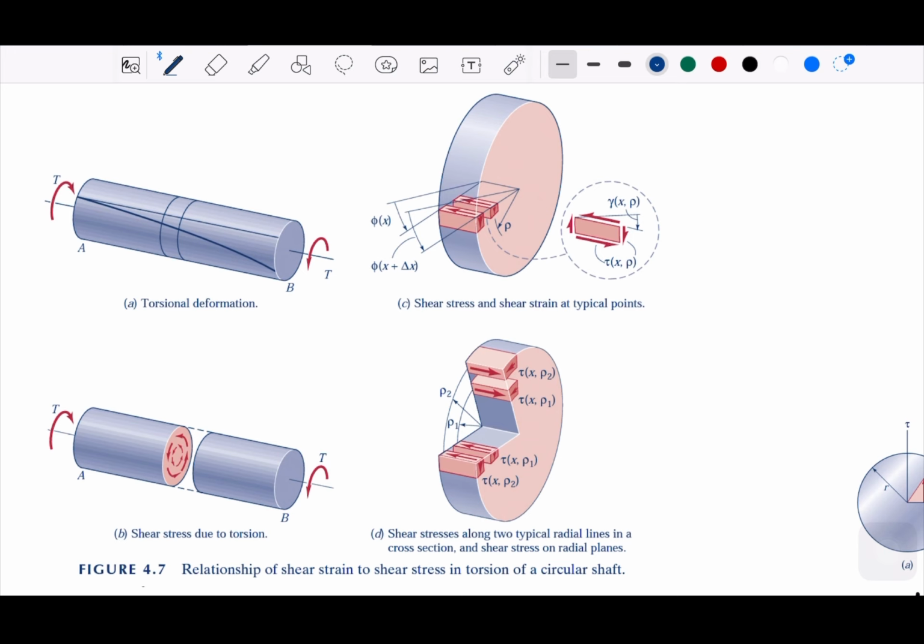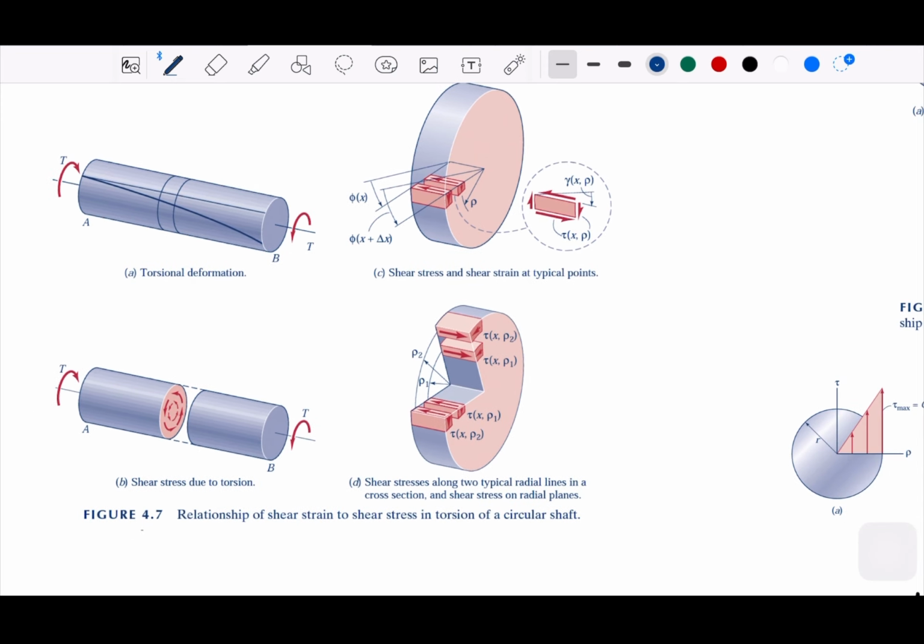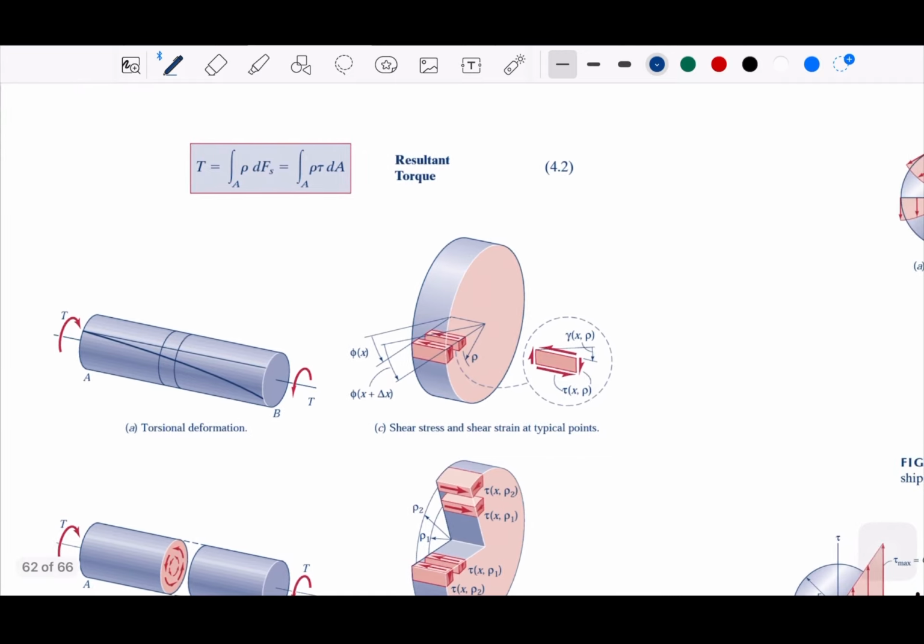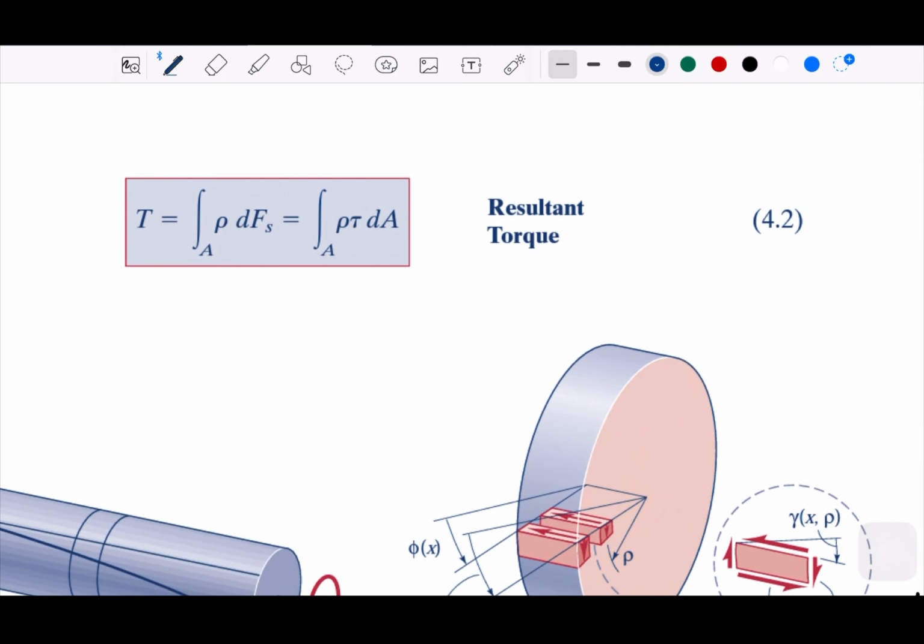So there will be shear stress not only on the cross sections, but always shear stress on the radial planes. We can take this small sample, take the sum and then the integration, and we are going to get the resultant torque.